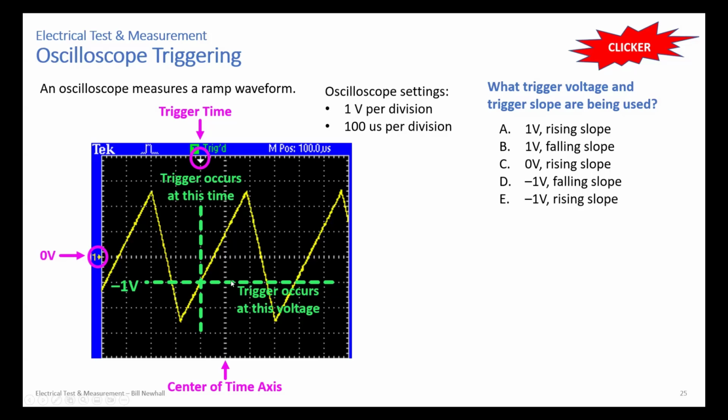That's where the trigger occurs. And I'm set up for 1 volt per division, 0 volts. That's right here. Go down one division, that's -1 volt. Okay, and where that trigger is happening is a rising edge. So the answer is -1 volt and a rising slope.